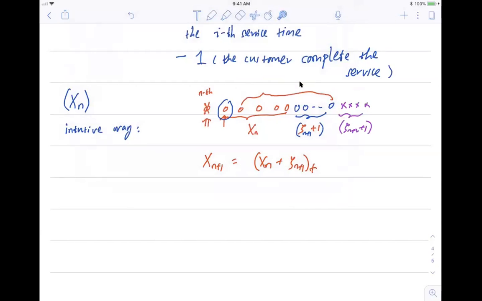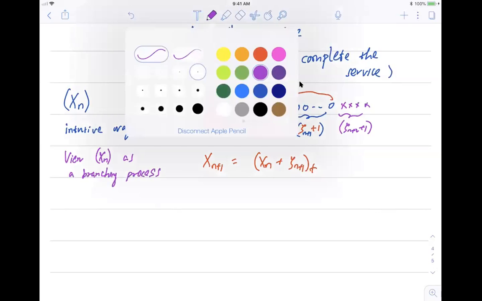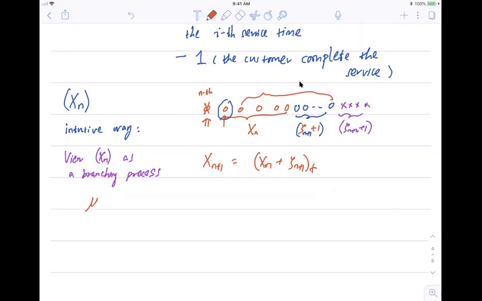So then we can just view Xn, the M/G/1 queue, as a branching process. And by our discussion of branching processes, this parameter mu is important. So what is this mu?